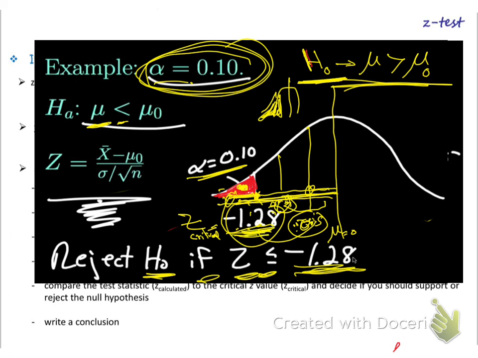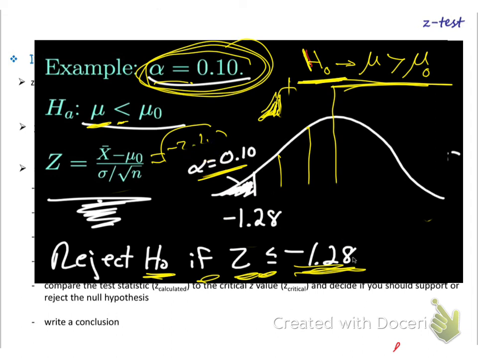So if my calculated Z became minus 2.4, minus 2.4 is smaller than minus 1.28. Let me clear this so we can see where we are now. So minus 2.4 will be here, in this area.